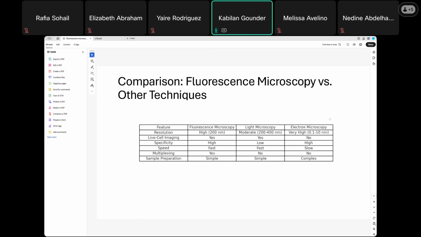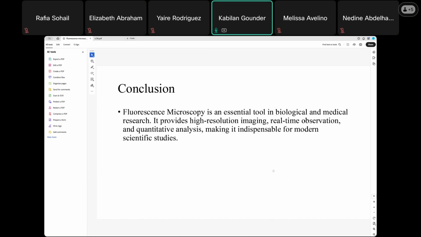We'll discuss more details later with electron microscopy. Live cell imaging: both can, yes. Specificity is high in fluorescence microscopy, speed is also fast, and multiplexing is yes for fluorescence, but not in light microscopy. Preparation is the same for both techniques. So these are the basic advantages and principles of fluorescence microscopy.